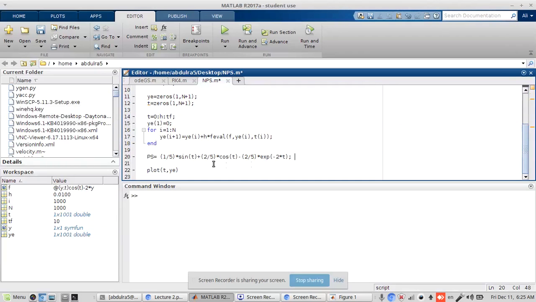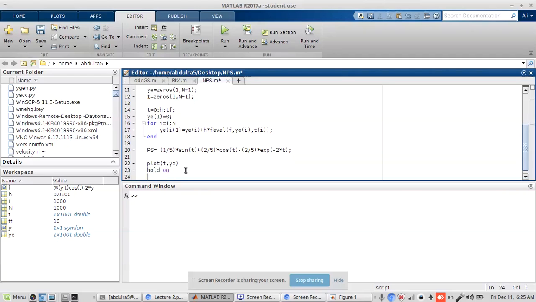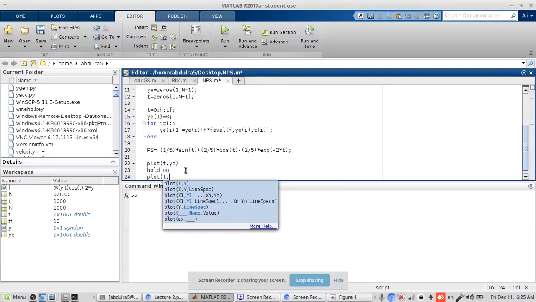So this is the particular solution, and the vector t will be substituted by this vector. In order to compare the two results, let's hold on the same figure and plot t with respect to the particular solution.